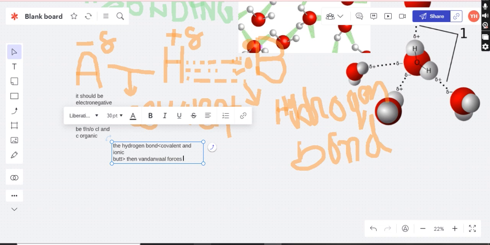You must keep this in your mind while dealing with the questions. So the order is covalent bonding, then hydrogen bonding, then van der Waals forces.